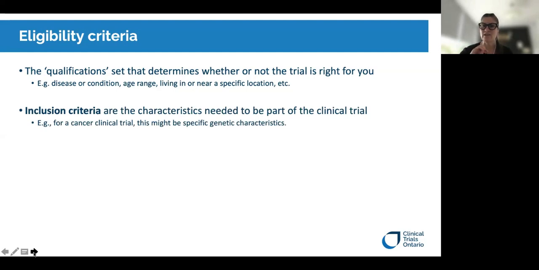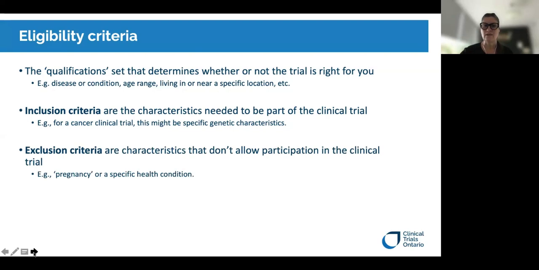You'll see things that are called inclusion criteria, and those are characteristics that are needed to be part of the clinical trial. So for a cancer clinical trial, that might be specific genetic characteristics, or it might be being on a specific type of medication. There's also something called exclusion criteria, and like the name implies, those are the things that would exclude you from participating in the trial.